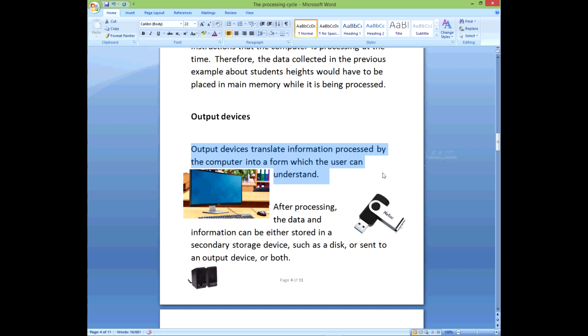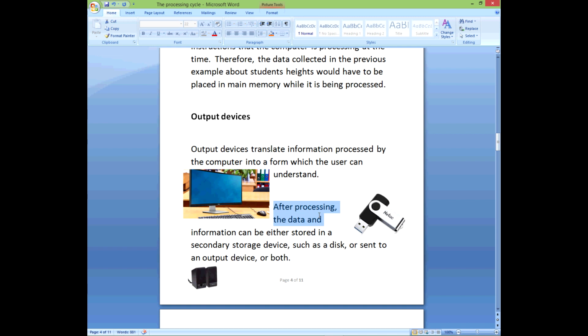So after the CPU carries out its operation, the CU sends it to the ALU, sends it back to the CU, which then returns the results either to main memory, which is a primary storage, or RAM, or it can send it to another output device such as the monitor, which is a screen you might call it. It can be a thumb drive you can send it to, or it can even be speakers, which is a form of output device.